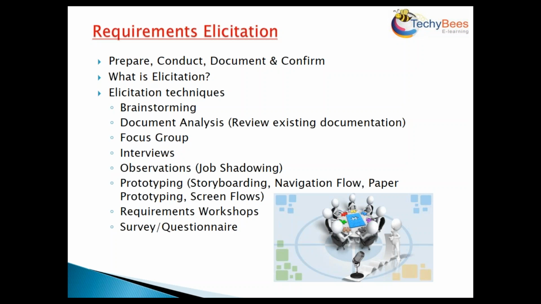Okay, so that's about the prototyping. Next we have the requirement workshop. So how is this requirement workshop conducted? How is a workshop different from a group discussion or a brainstorming session? In workshops, you'll have different groups of people participating.